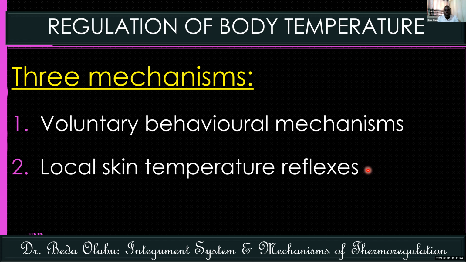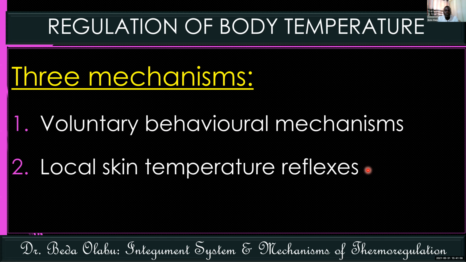For example, if you just hold a cube of ice, the whole body temperature does not change, but there's a temperature change at that position where the cube of ice is. So there's some mechanisms that mediate regulation of temperature at local areas of the skin. So these are the ones we are calling local skin temperature reflexes.